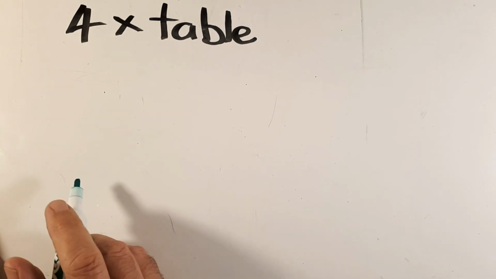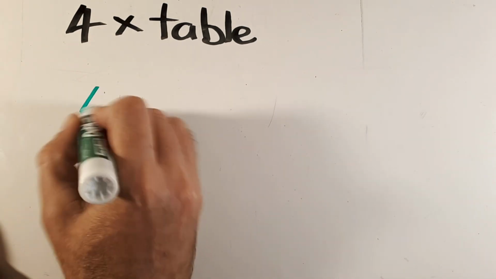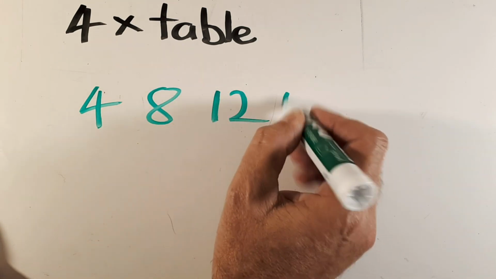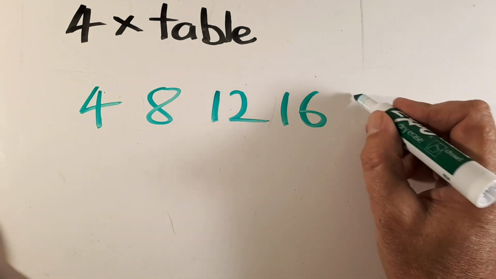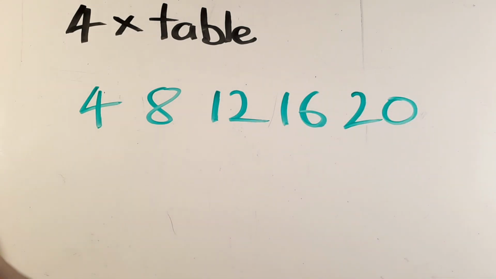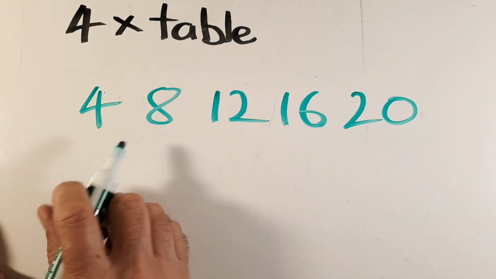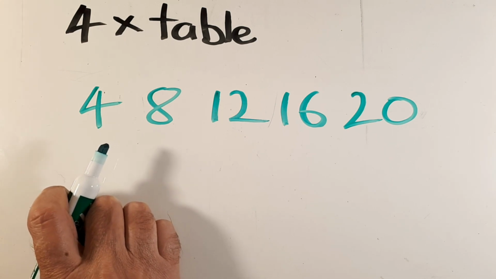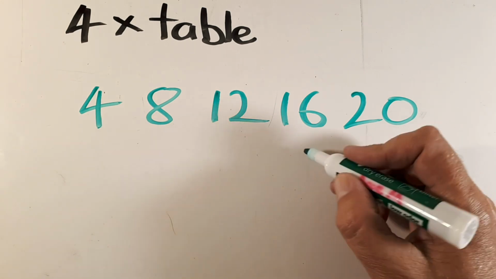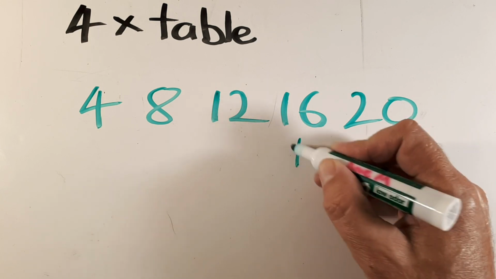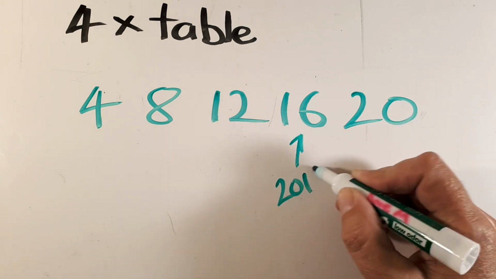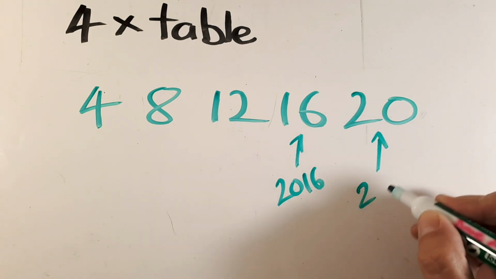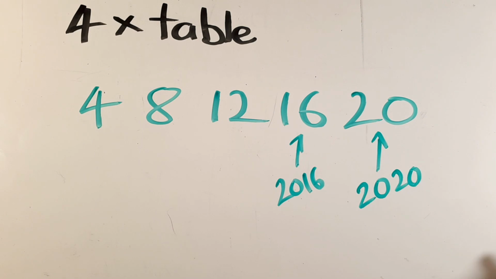Another nice thing with the 4 times table, you know that it goes like this. You've got 4, and then 2 times 4 is 8, and 12, and then 16, and 20, and so on. These happen to match the years that the Olympics fall into. So we had Olympics in 2016 on a leap year, and then we have Olympics in 2020.